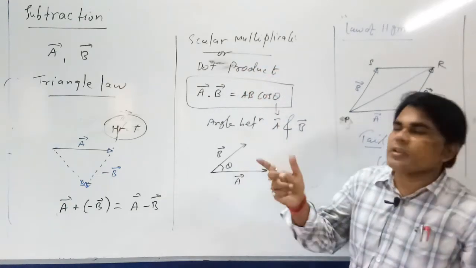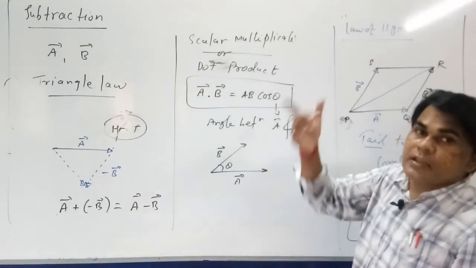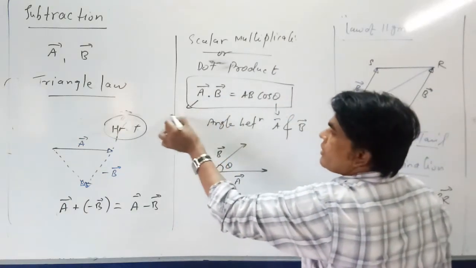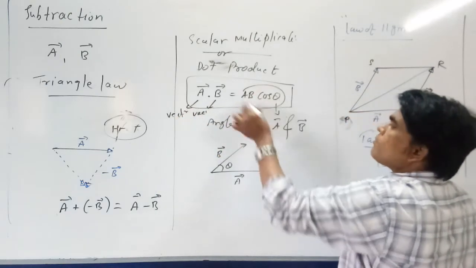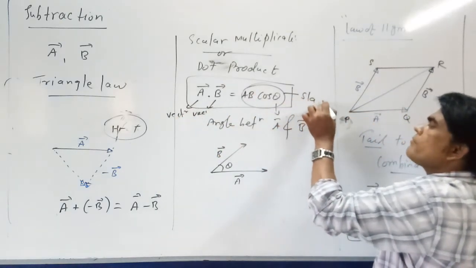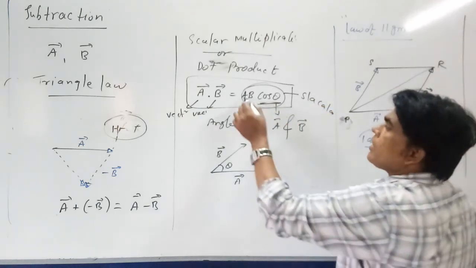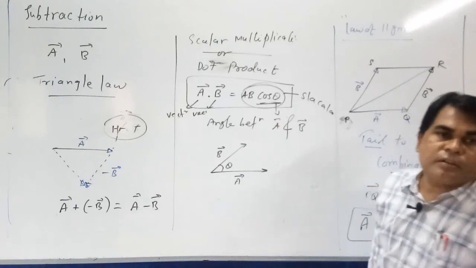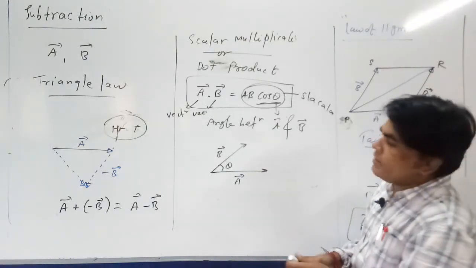Listen now, what is the thing here? It is vector, but the result is scalar. ये एक वेक्टर है, ये भी वेक्टर है, बट ये पूरा क्वांटिटी स्केलर है. क्यों स्केलर है? cos theta स्केलर होता है, AB स्केलर हो गया, मैग्नीट्यूड ऑफ A, B स्केलर हो गया. इसका मैकेनिज्म बहुत सिंपल है.